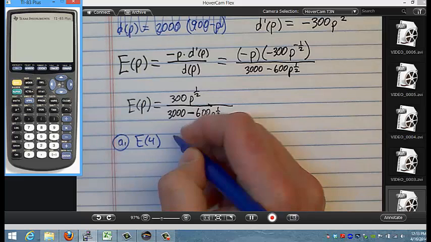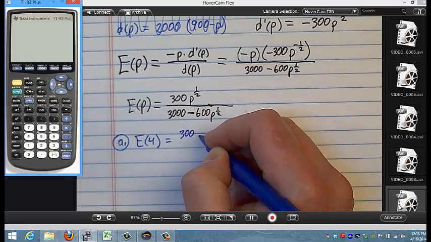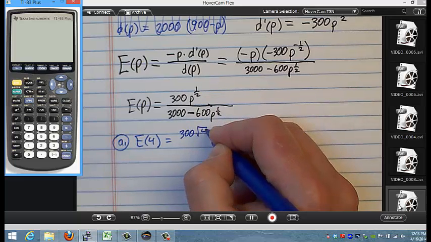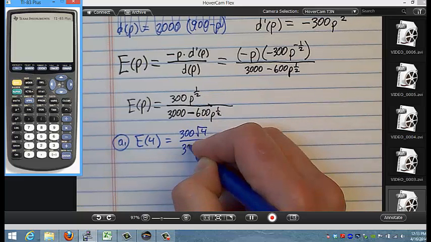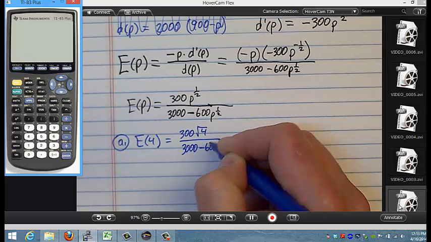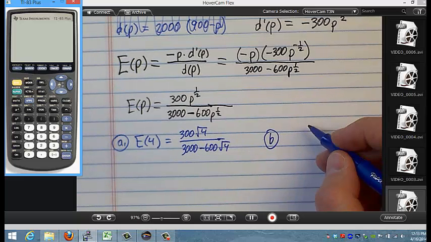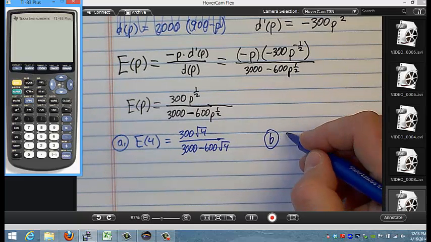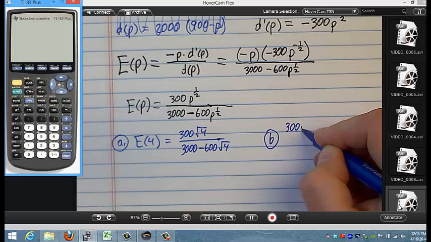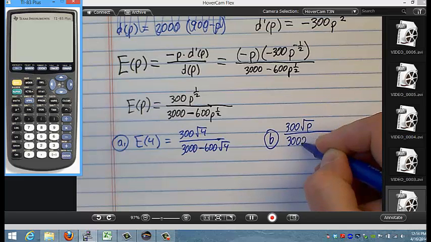So I get 300 square root of 4 over 3,000 minus 600 square root of 4 and work that out. But what you asked me about was part B, so let me do part B instead of part A. It would be 300 square root of p divided by the ugly denominator.